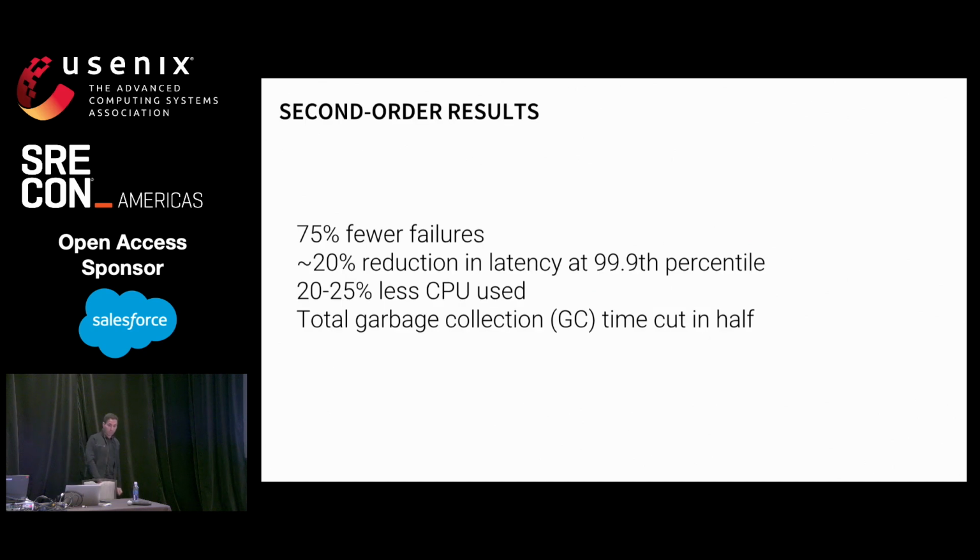Some second order results that our customers have reported: 75% fewer failures in this specific service, 20% reduction in latency at P99, 20 to 25% less CPU used, and total garbage collection time cut in half. Lots of these are second order results from the vast reduction in sessions and connections, and also the new isolation model that we're getting from this.